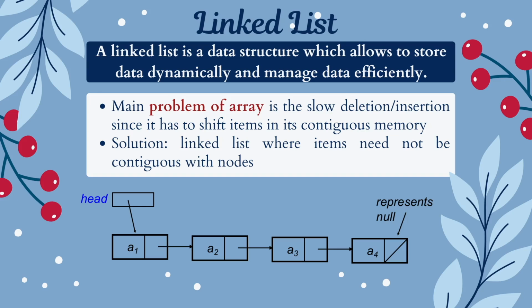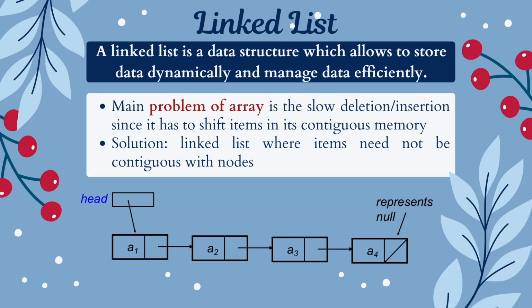As and when required, we request the system to allocate memory for each of these elements, and thereby we have allocated memory for every element in this list as and when required, and we have created a chain arrangement of this list by making some pointer assignments. We have made the pointer in A1 point to A2, and similarly the next portion of A2 point to A3.